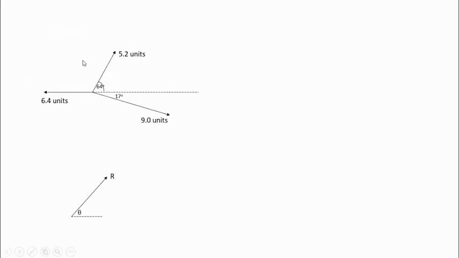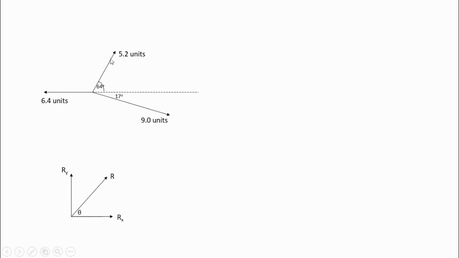Our aim in combining these vectors is to produce one vector or resultant to represent all three, and it will have a magnitude and a direction. This one vector can be thought of as having perpendicular components. So if we can find the perpendicular components Rx and Ry and combine them, we can find our resultant.